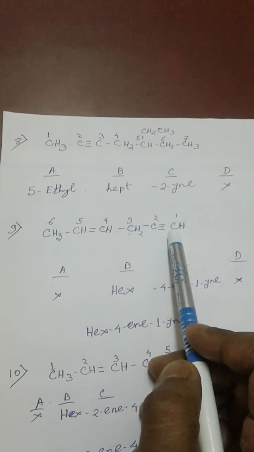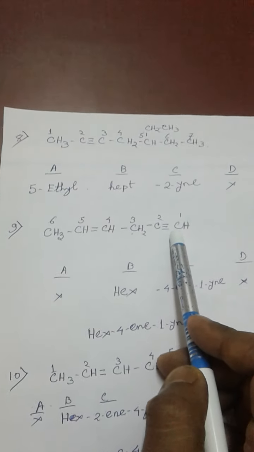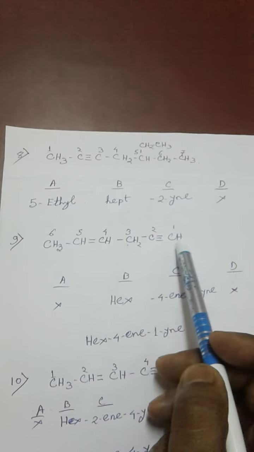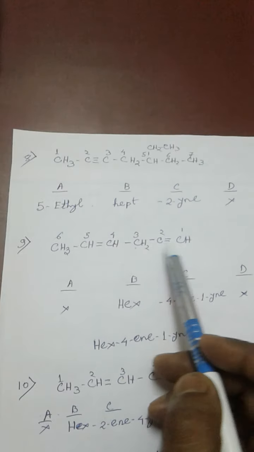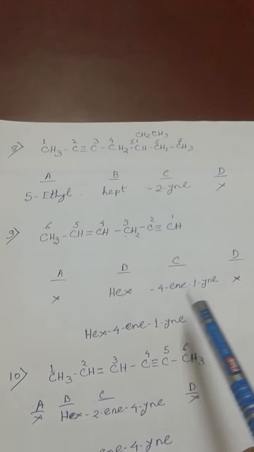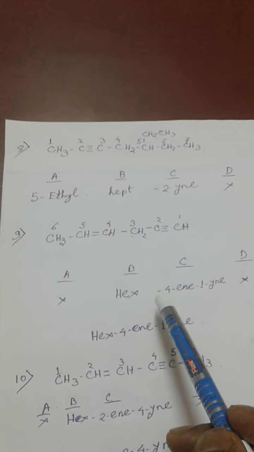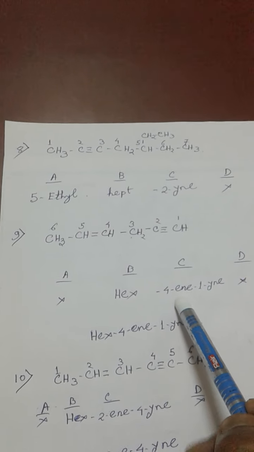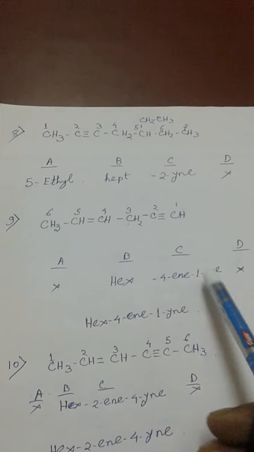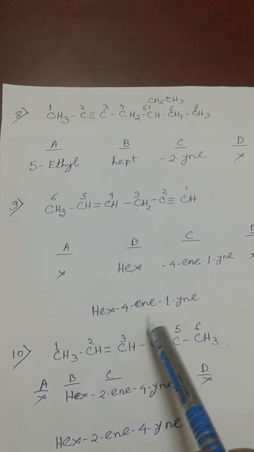But if I start from the other side, then the triple bond gets 1 and the double bond gets 4, so this gives the minimum locant. So the name is hex-4-en-1-yne. Here en precedes, because alphabetically en comes first, then yne, so the total name is hex-4-en-1-yne.